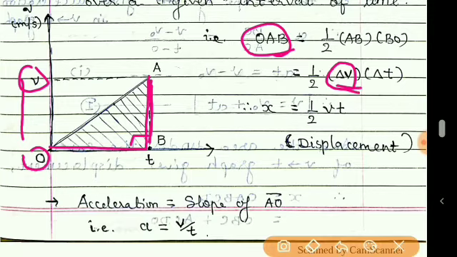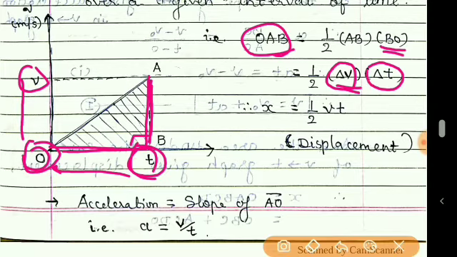And what is BO? BO is nothing but final time minus initial time. So here final time is t minus initial is 0, so we can simply write t. But here it is difference in time, so delta t. But after that, in this step, it is written that it is V and this is t. So half of velocity into time will give us displacement.